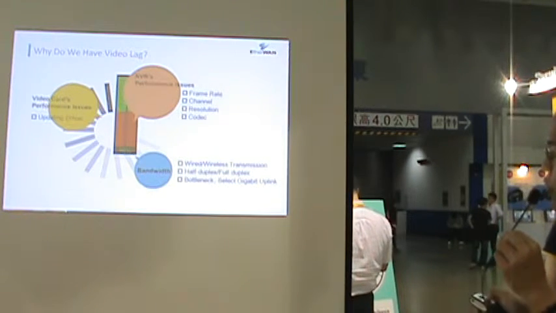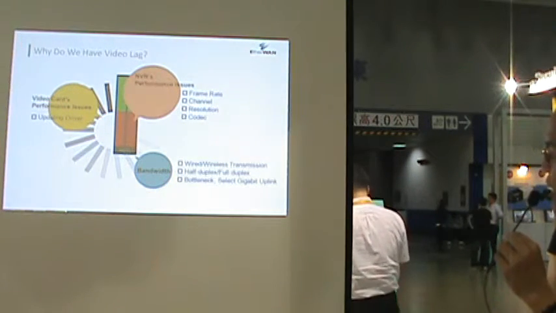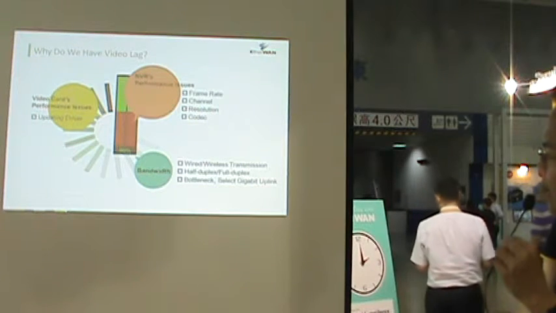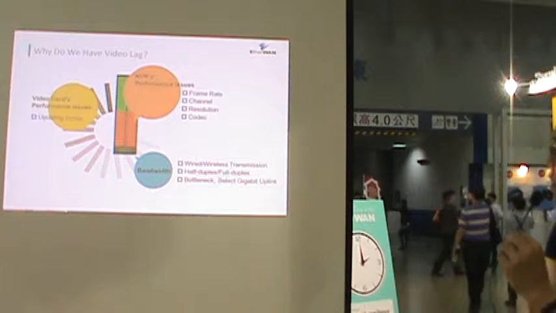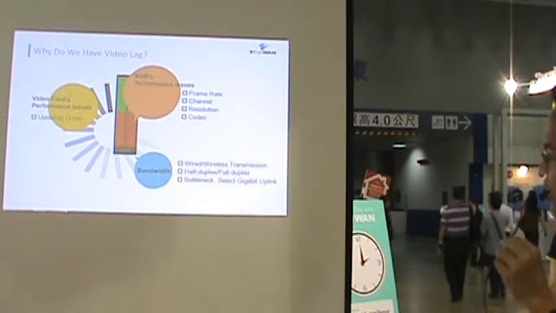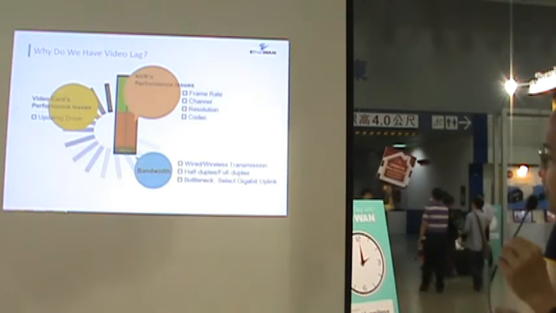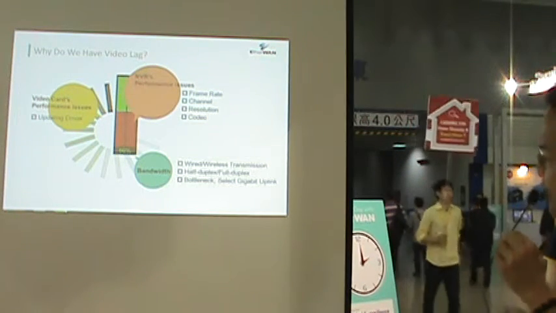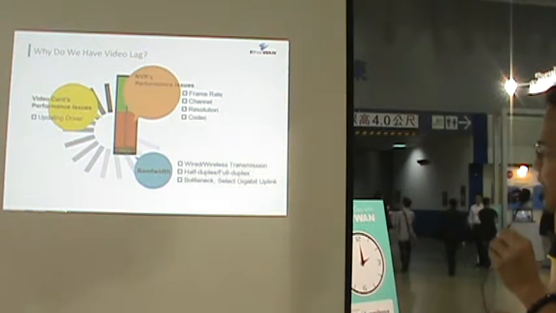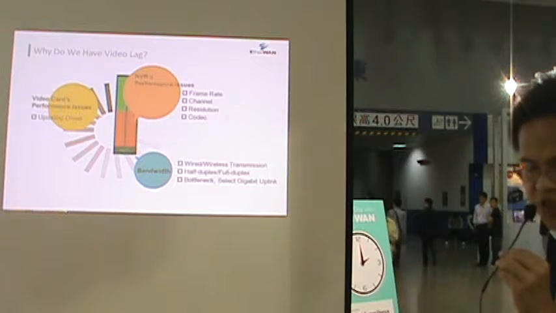Now codec, I will talk about codec in the next couple of slides. As for the bandwidth, there are 2 types, wired and wireless transmission. Wireless transmission is in half duplex mode, so sometimes you have transmission problems in wireless. In this case, you can enable RTS and CTS.